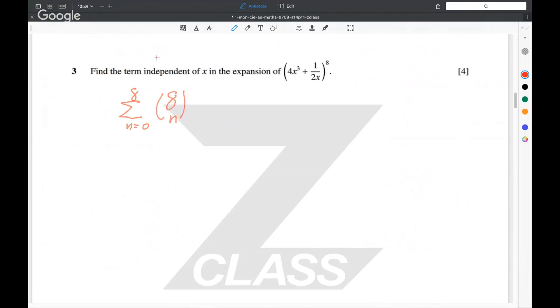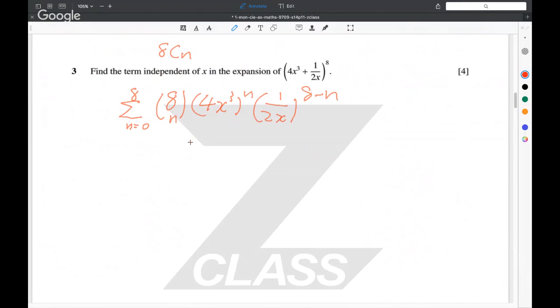People write it as 8Cn, but it means the same thing. And 4x cubed to the power n and 2x to the power m. And this is just the formula for binomial expansion.